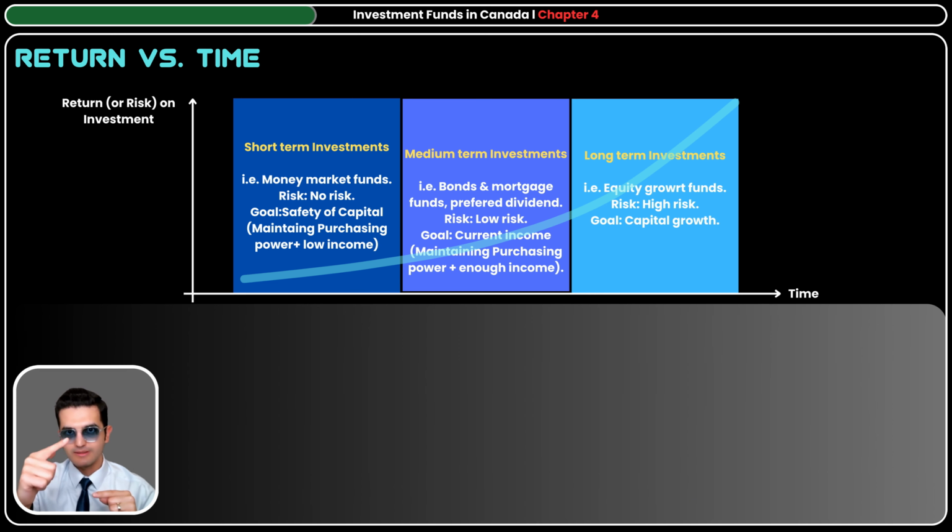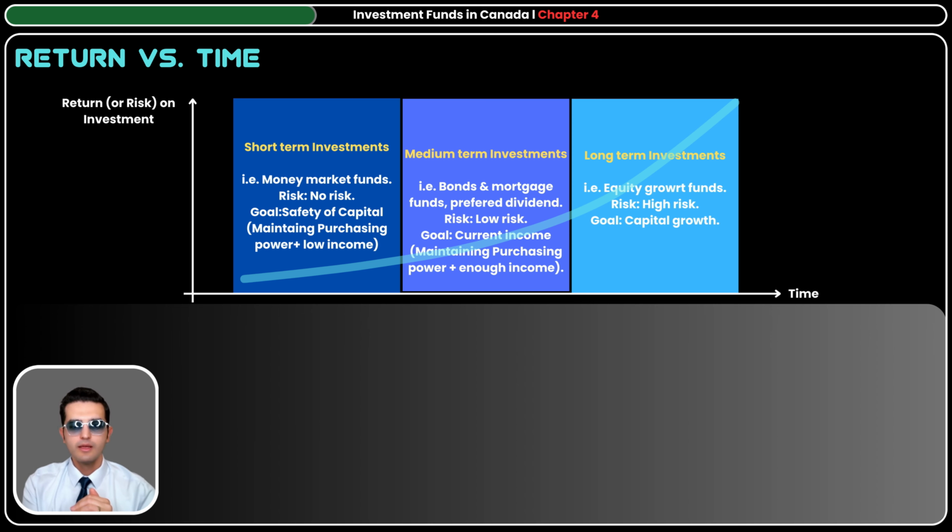Now, see that price difference? Your stock has appreciated in value, so you will get capital gain. So the primary goal of long-term investments is getting capital gain.